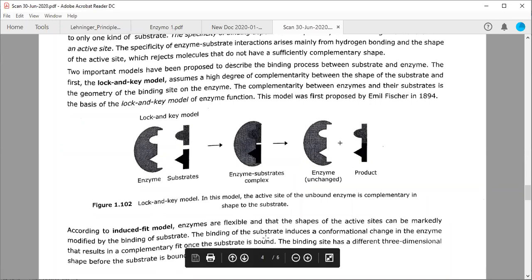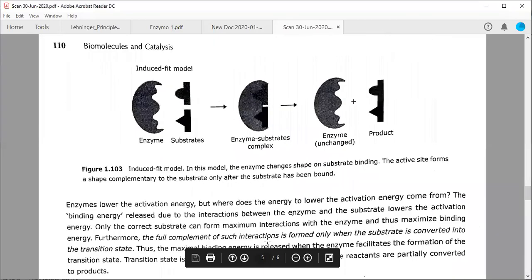Because most enzymes are proteins only. The binding of the substrate induces a conformational change. Only after binding of the substrate is this conformational change induced within the protein or enzyme so that it can bind in a complementary fit once the substrate is already bound. So the binding site has a different three-dimensional shape before the substrate is bound.